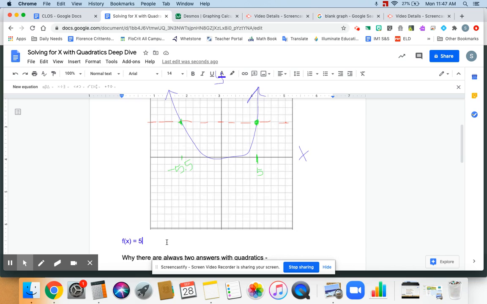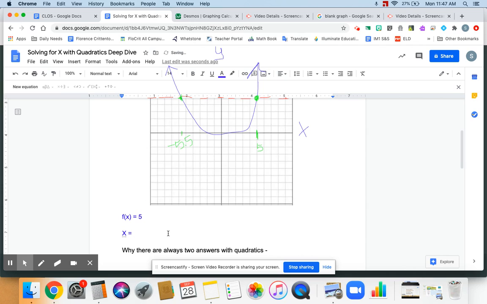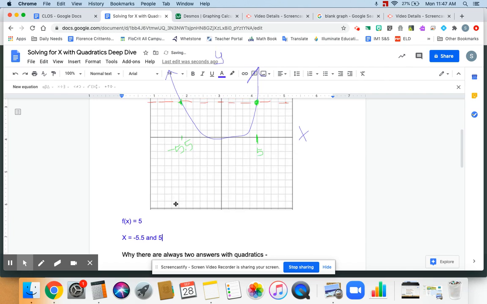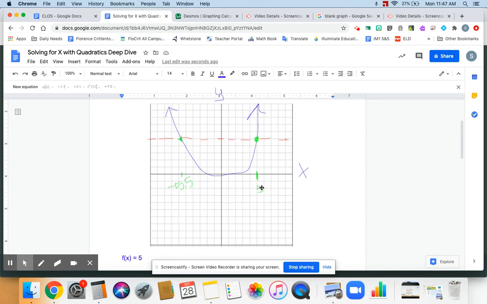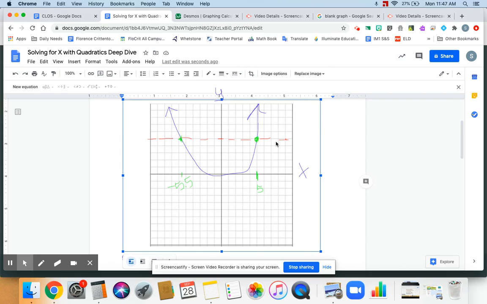Meaning, to answer this one for when the equation equals 5, the answer is that x equals negative 5.5 and 5. Because there are two answers, two x values, that had a y value equaling 5.